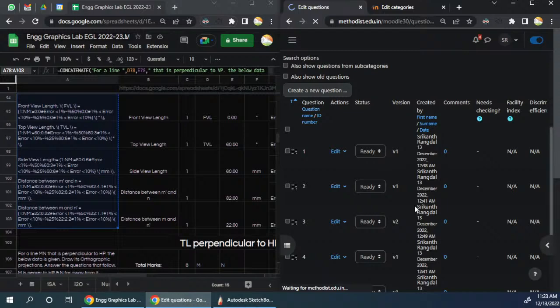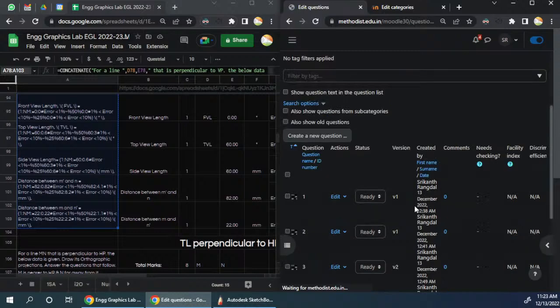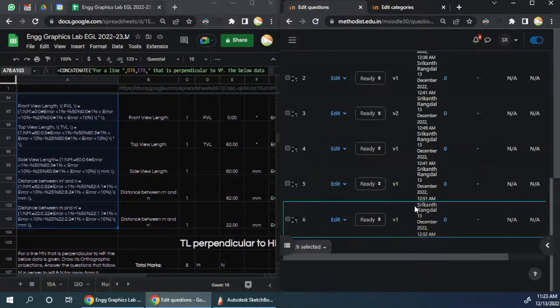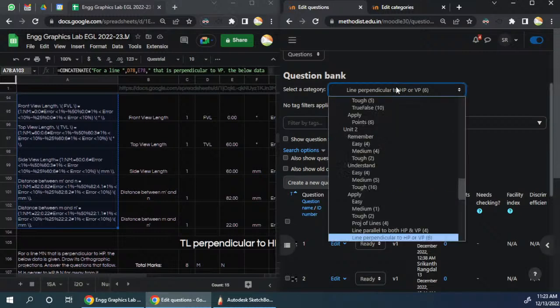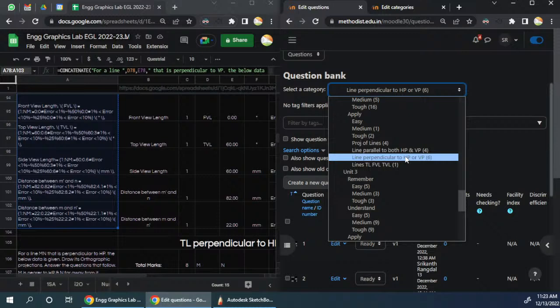We'll add more questions later, and if the students are not solving these quizzes in time, they're going to get more varieties and more challenging tasks. Alright, so parallel to both HP and VP, perpendicular to both, and then inclined to a single plane. Parallel to a single plane.